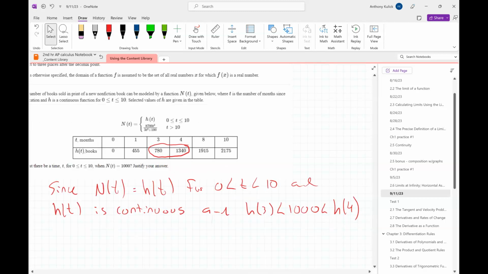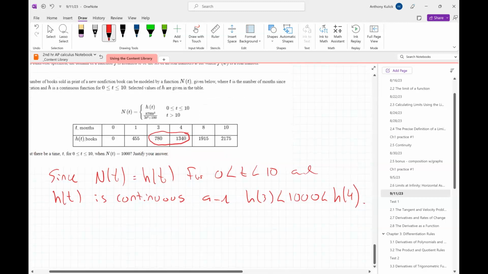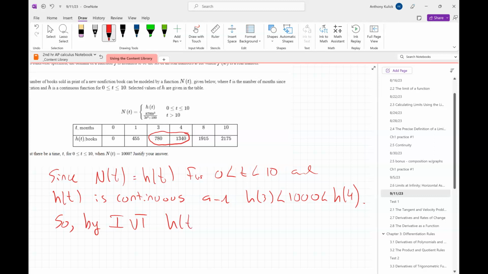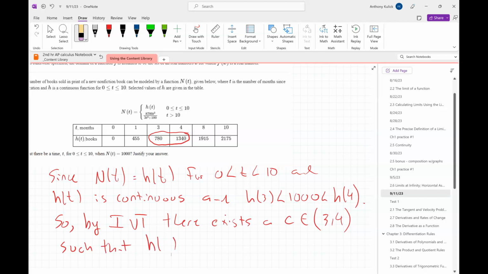Okay with that? So I would say, by the intermediate value theorem, there exists a c on the interval from 3 to 4 such that h of c equals 1,000.